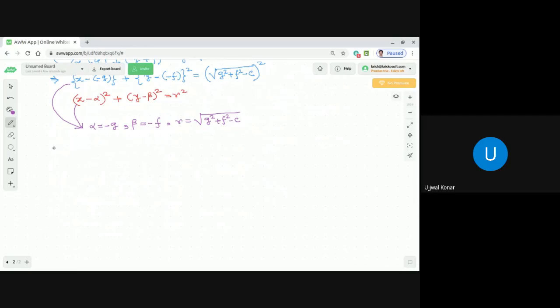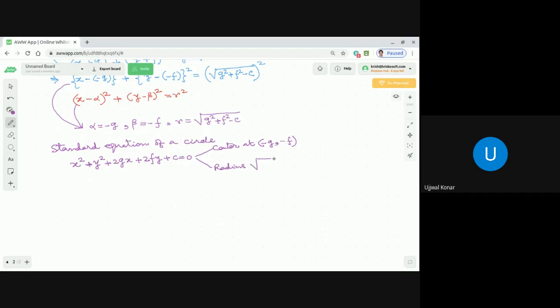If we write here, the standard equation of a circle, that is x square plus y square plus 2gx plus 2fy plus c is equal to 0, is having center at minus g comma minus f and radius square root of g square plus f square minus c. Let's take an example so that we'll understand very clearly.